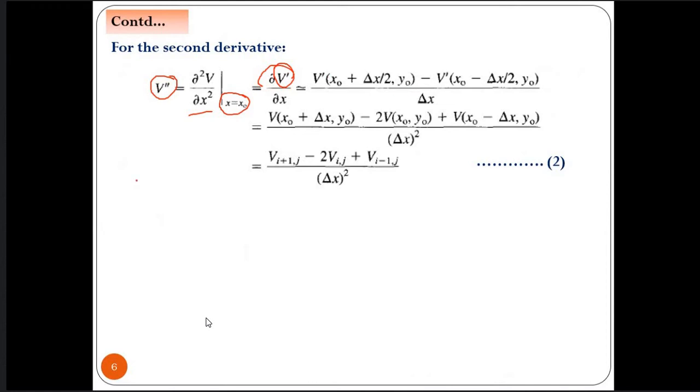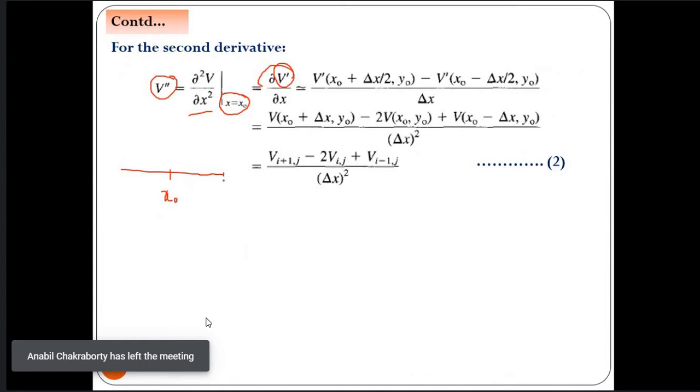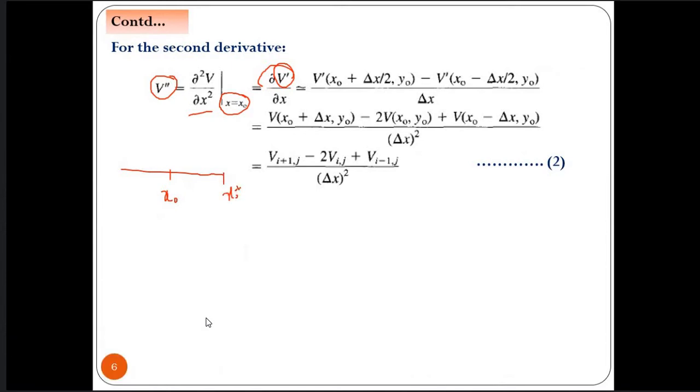It is the double derivative. Previously we considered the point x0, x0 plus del x, and x0 minus del x. In the double derivative, you have to consider the half points between these, so it is x0 plus del x by 2 and x0 minus del x by 2.